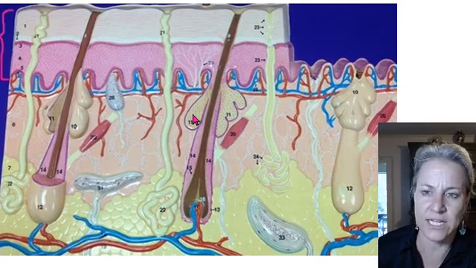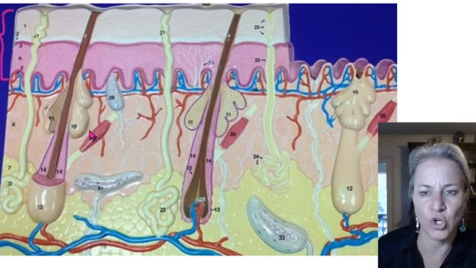So what is the name of this gland right here? What's the name of this gland, number 10? That's going to be the holocrine sebaceous gland. What is the name of this muscle? The muscle here. The erector pili muscle.